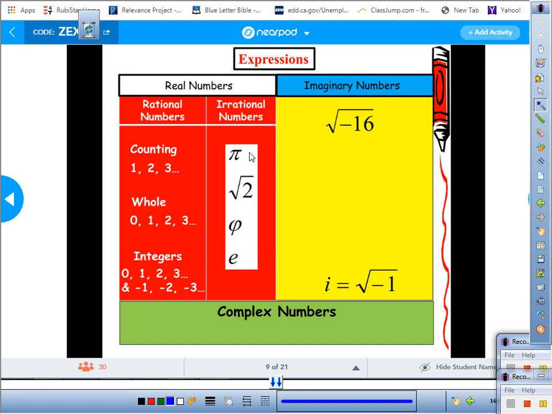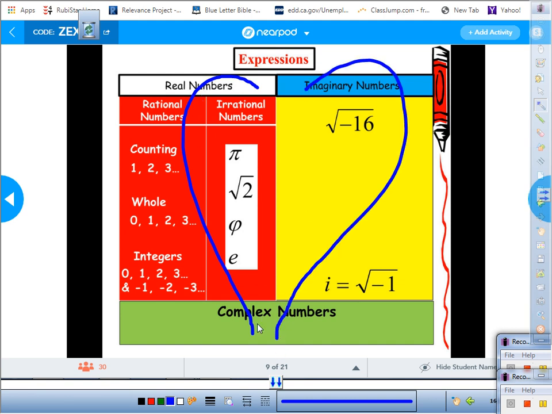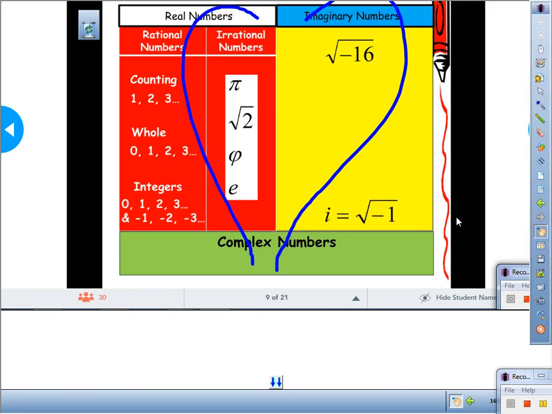So here goes again. A complex number is made up of a real number and an imaginary number. So if that's true, think about it. Get a real number, add or subtract an imaginary number, and you make up a complex number.